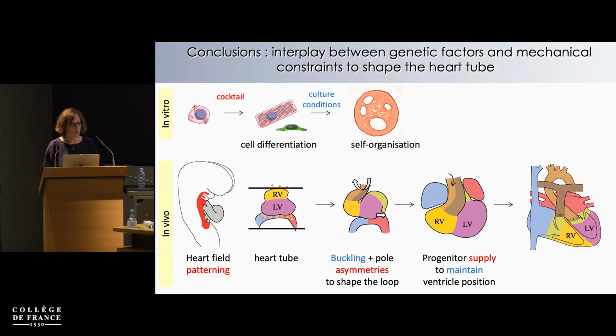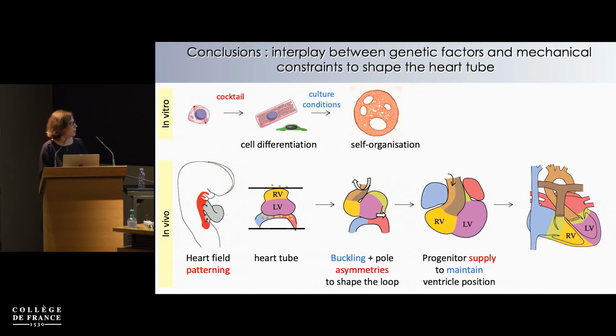So in conclusion, I have shown you that in vitro we can generate the differentiation of cardiac cells, in particular cardiomyocytes, but not only. And if we play with culture conditions, we can see some self-organization. In vivo, our work on the quantitative analysis of heart shape in 3D with a temporal time window helped us to understand how crucial the patterning of the heart field is, not only to generate cardiomyocytes, but also to shape the heart tube.